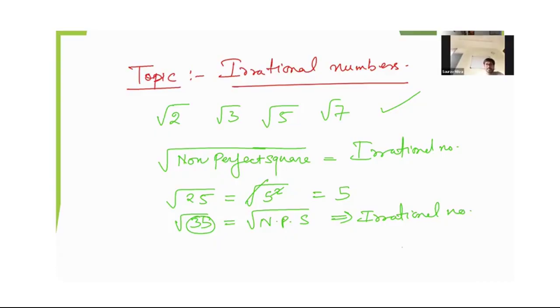So basically, irrational numbers are those which are not rational. Clear? Also, we have discussed their decimal expansion.